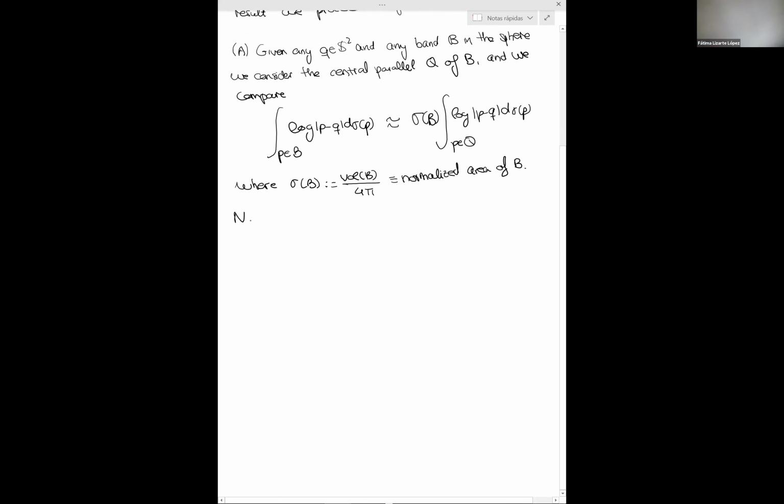Note that this result is independent of the construction of our spherical point set.